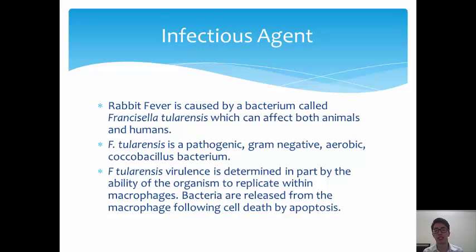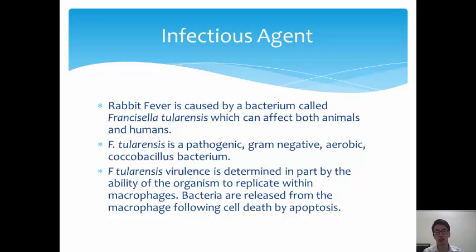Rabbit fever is caused by a bacterium called Francisella tularensis, which can affect both animals and humans. The name of the bacteria was coined by a man named Edward Francis, who associated the bacteria with deer fly fever. F. tularensis is a pathogenic gram-negative aerobic coccobacillus bacterium.